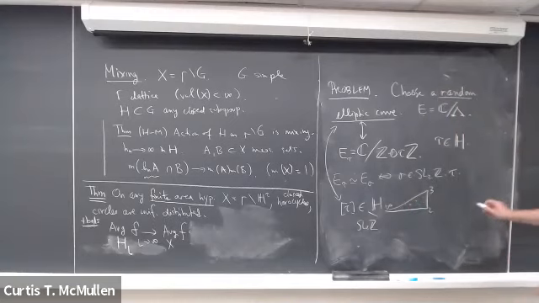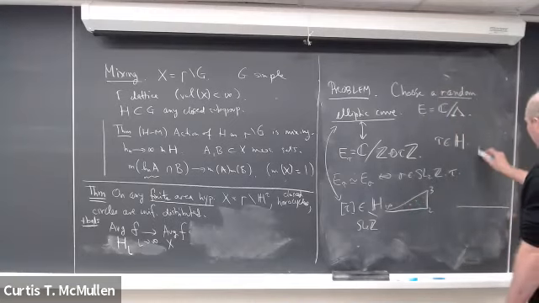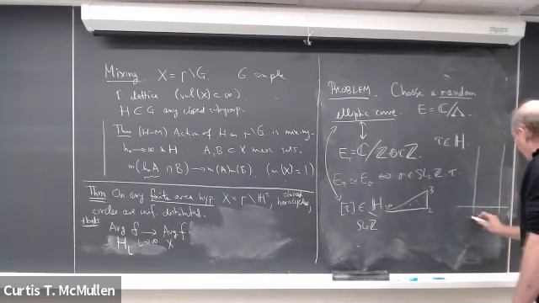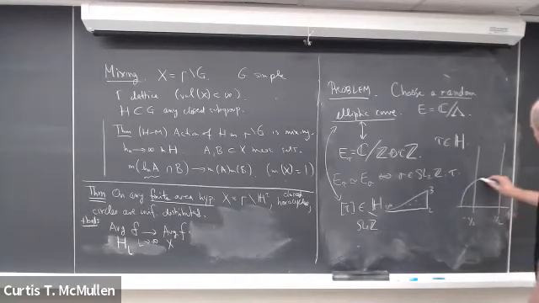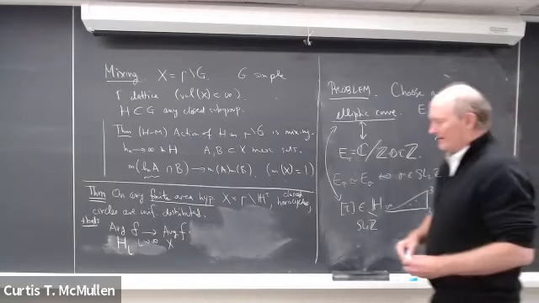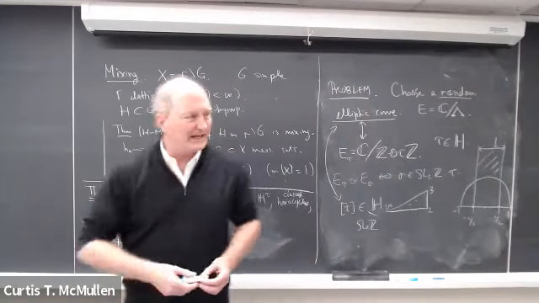Now, one way to do that would be to pick a fundamental domain for the action of SL2Z. For example, the region between the vertical lines through the points x equals plus or minus a half and the circle of radius 1. This is the standard fundamental domain for the action of SL2Z.